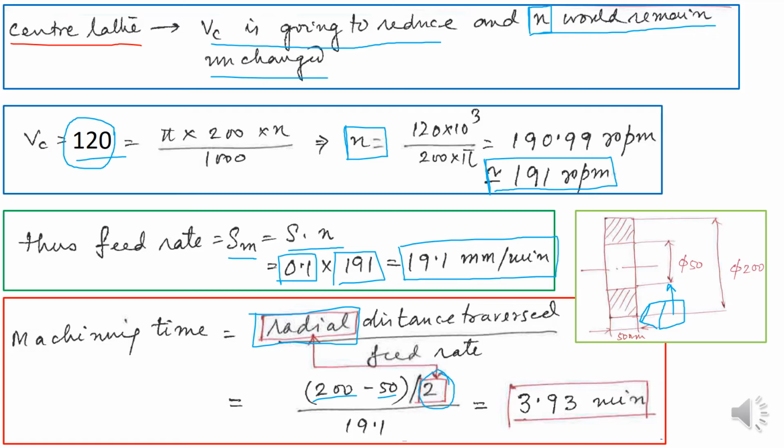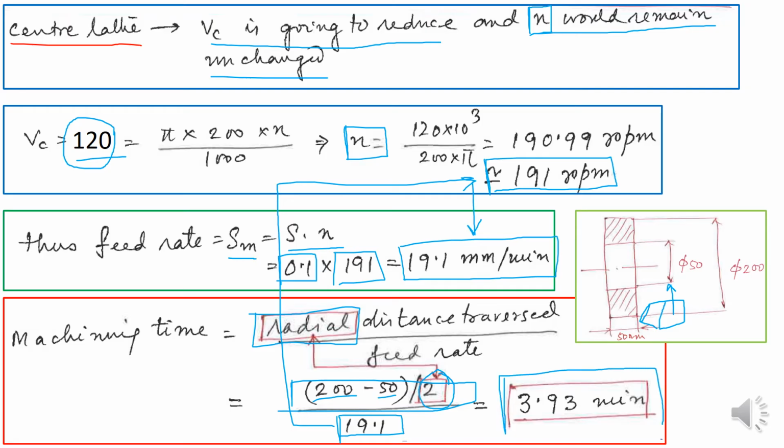So, this is the total distance which should be traversed, which is roughly 75 millimeter, and that is being traversed at a feed rate of 19.1 millimeter per minute. So, you get a machining time of 3.93 minute.